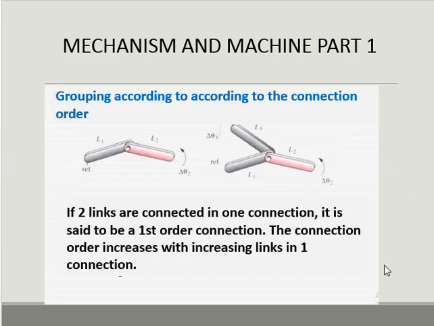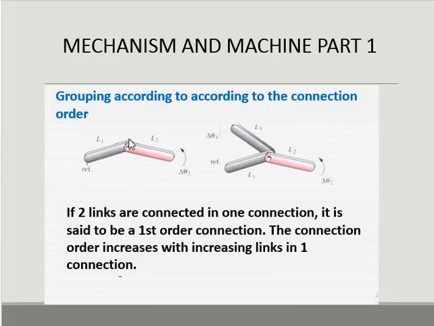And then this is grouping according to connection order. If two links are connected in one connection, it is said to be a first order connection. The connection order increases with increasing links in one connection. If we have two links like this, we can say this is a first order connection.